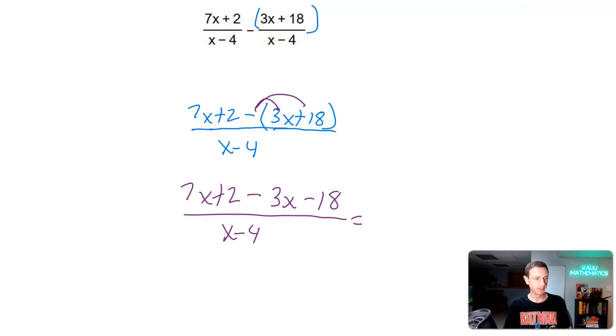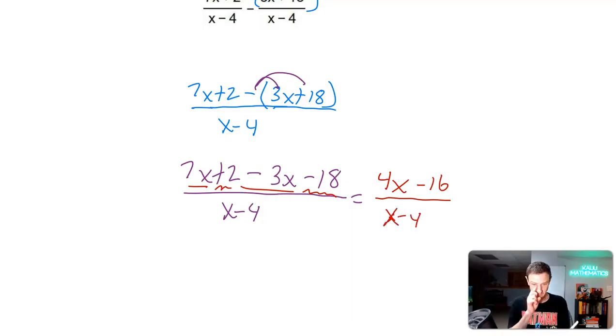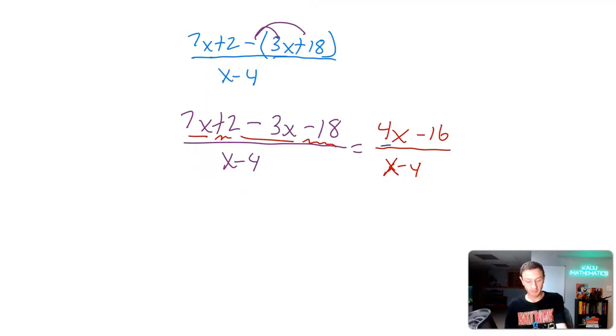Let's see what happens here. I'm going to combine like terms. 7x minus 3x, those are like terms, so 7 minus 3 is 4x. 2 minus 18, those are like terms, so 2 minus 18 is negative 16 over x minus 4. That gives us a factor here.